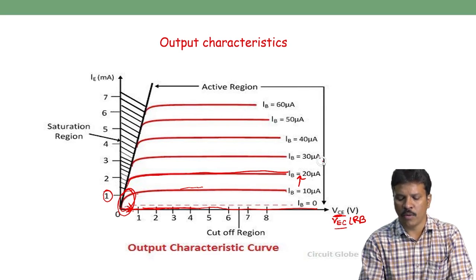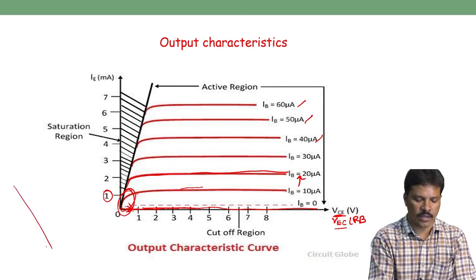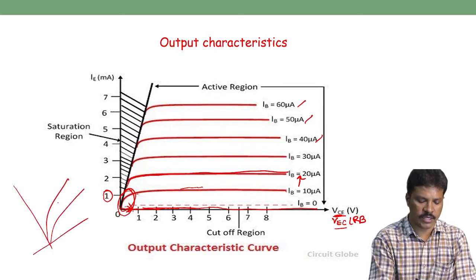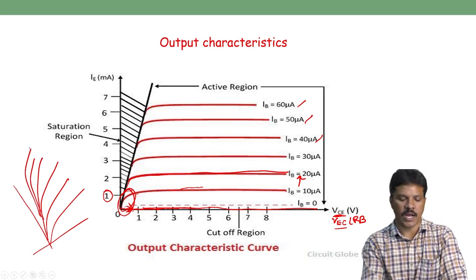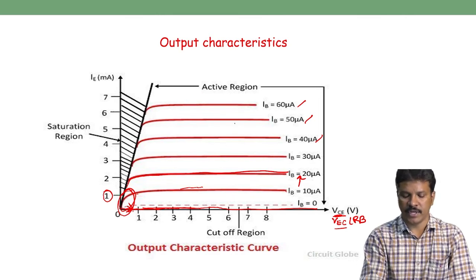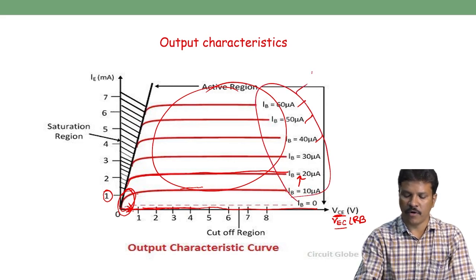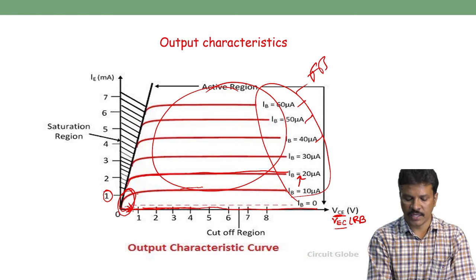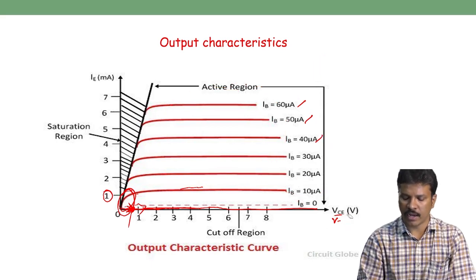Still keep moving to 30 microampere, 40, 50, 60 microampere, and you will get the slopes of the current like this for the common collector configuration. This region is called the active region. In this entire region, IB greater than 0 is forward bias, and VCE greater than VCE sat is reverse bias. So it is said to be in the active region.